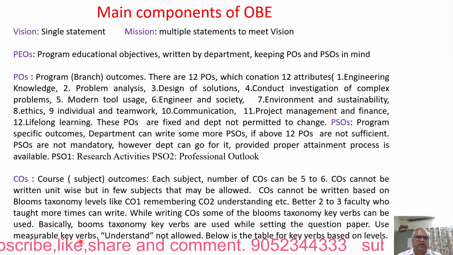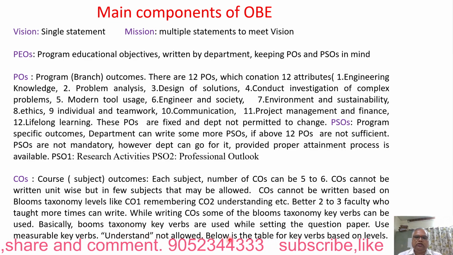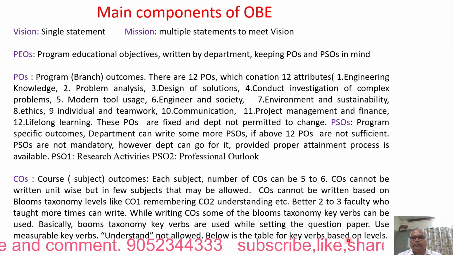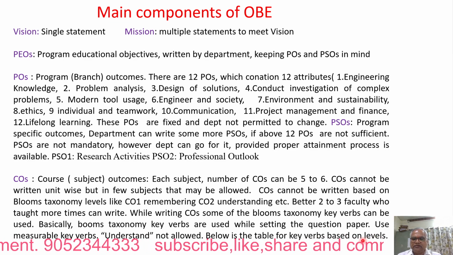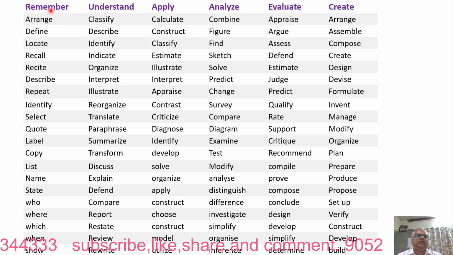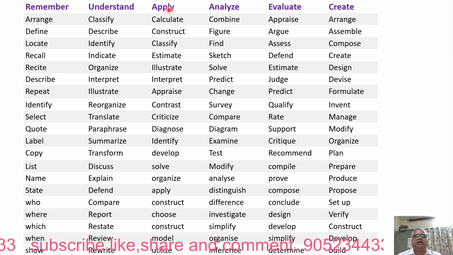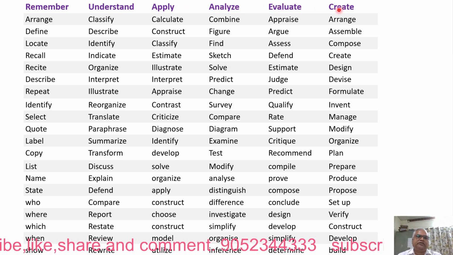Use measurable key verbs. Word like understand not allowed. So below is the table for key verbs based on Bloom's taxonomy levels. So these are the 6 levels: remembering, understanding, applying, analyzing, evaluate, create.